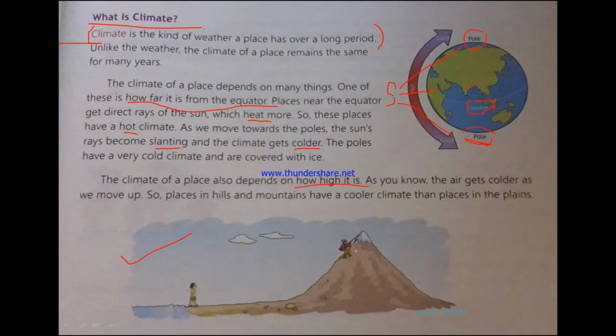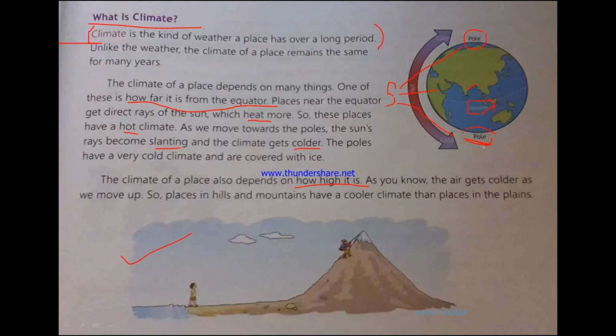Obviously the person on the mountain is higher. So as we move higher, temperature becomes cooler. As you know, air gets colder as we move up. So places in hills and mountains have a cooler climate than places in the plains.